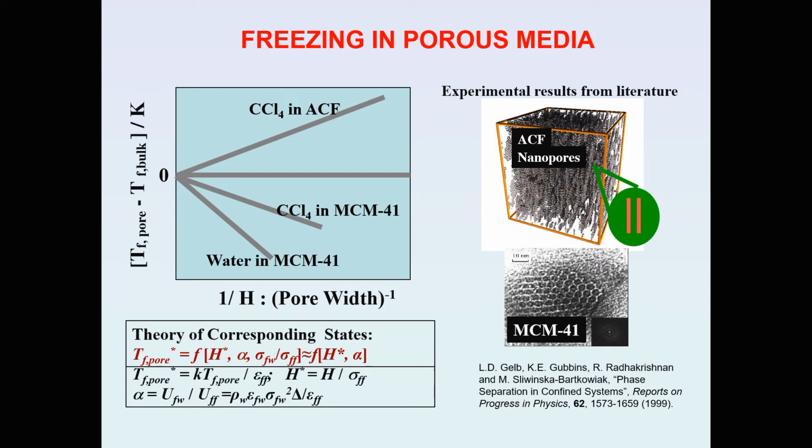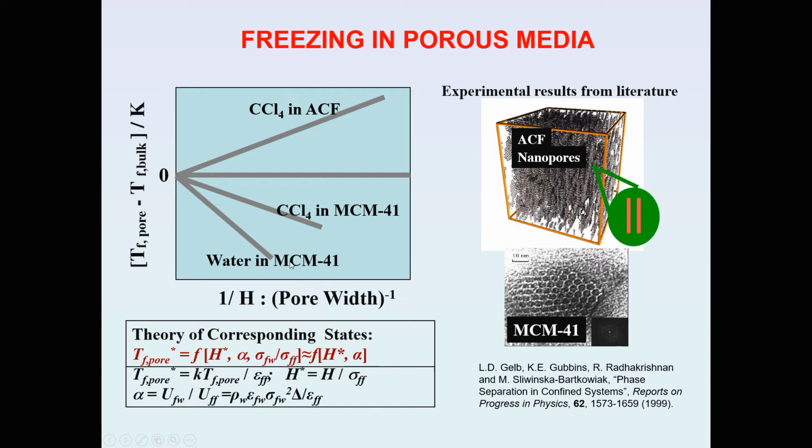We find that the melting temperature of substances in porous matrices is quite different from that of the bulk system. We can observe an increase of the melting temperature in pores relative to the bulk, and we can also observe a decrease relative to the bulk. And this change is a function of the pore size.